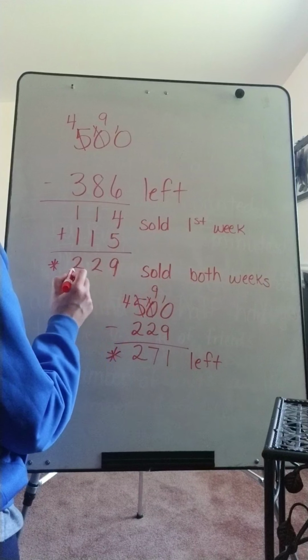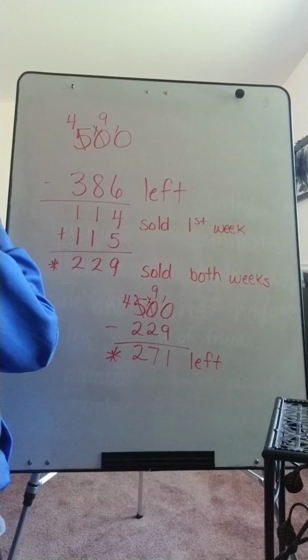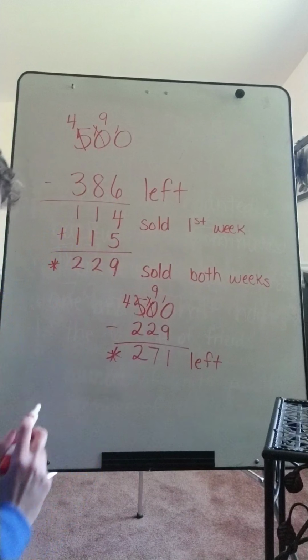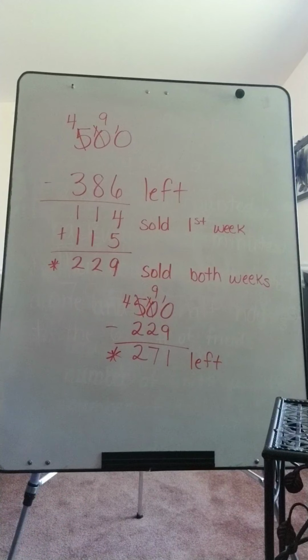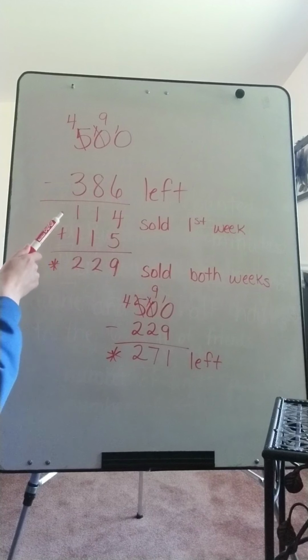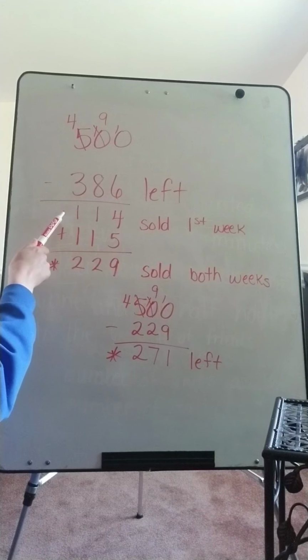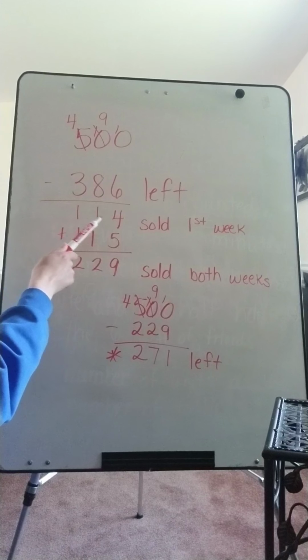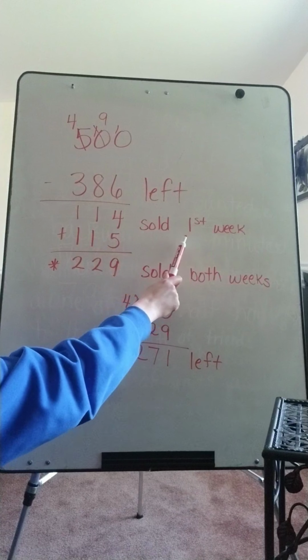And they sold 229 bags. Okay, so that was like a several step problem. Hopefully you were able to follow with that. We took our number that we started with and we subtracted the number that they had left. That gave us this first number, 114. So that told us that's how many they sold the first week.